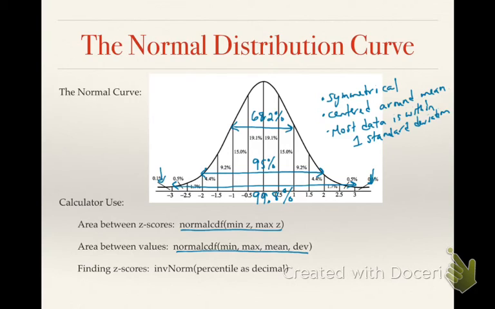If you want to say, for instance, what is the probability that your data lies between the z-scores of 1.73 and 2.75, then you're going to use normal CDF.